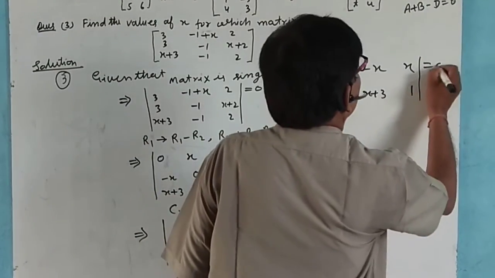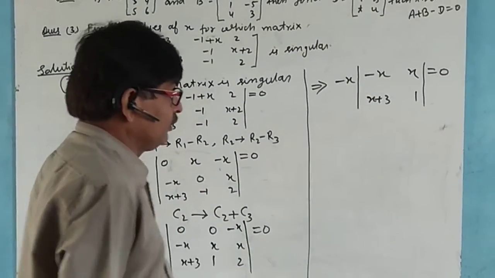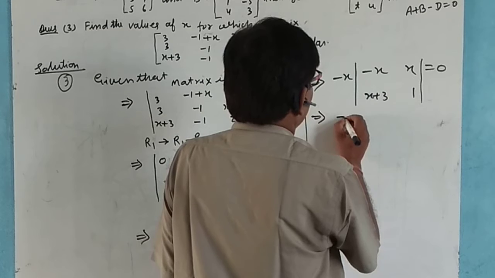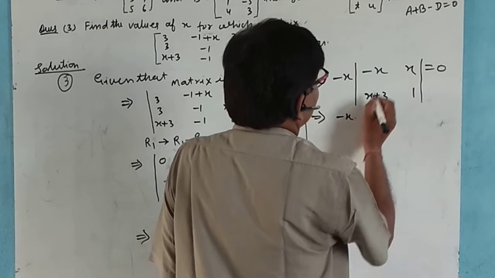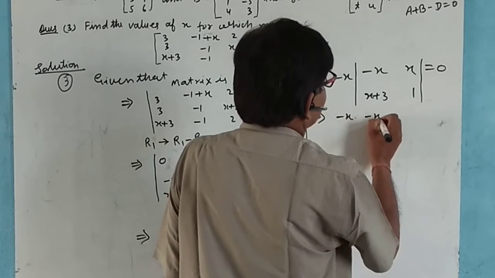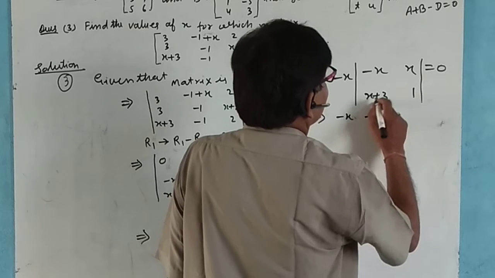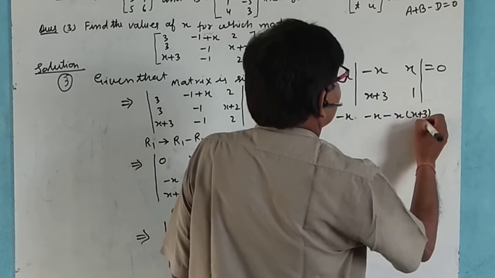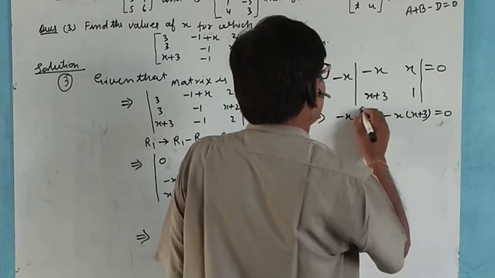Equal to 0 as given, so this is minus x, this is minus x, minus x plus 3 equal to 0.